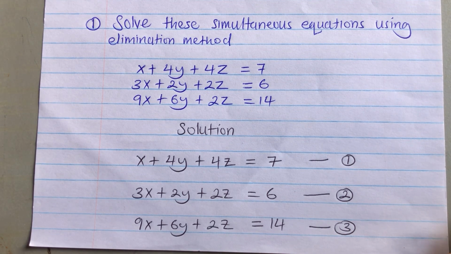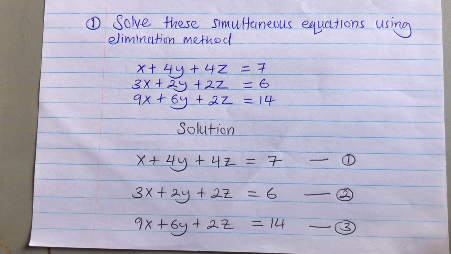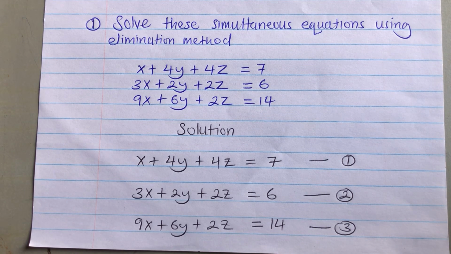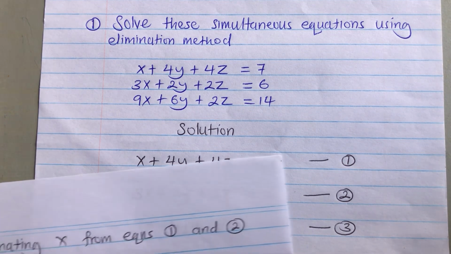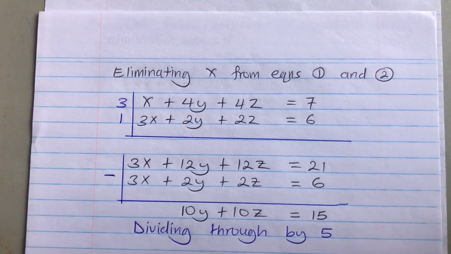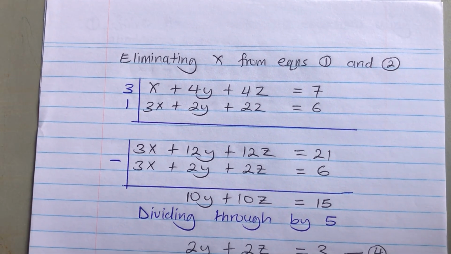After naming them, we shall consider any two of the three and decide which variable to eliminate from those two equations. That is to say, if we are to eliminate x using equation 1 and 2, that is eliminating x from equation 1 and 2.